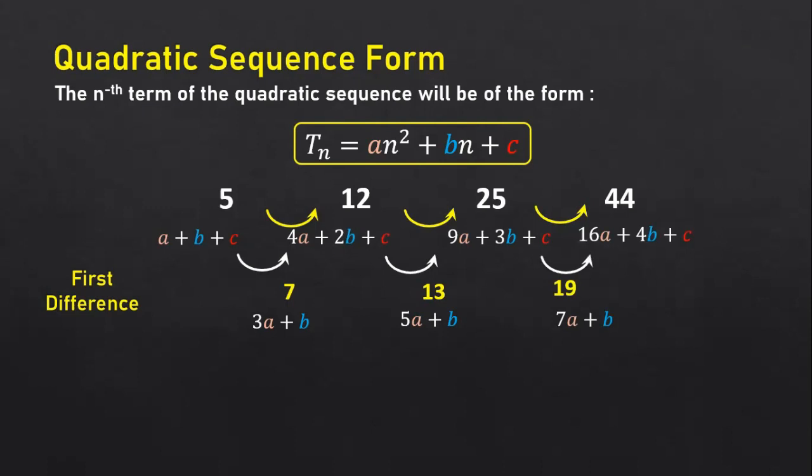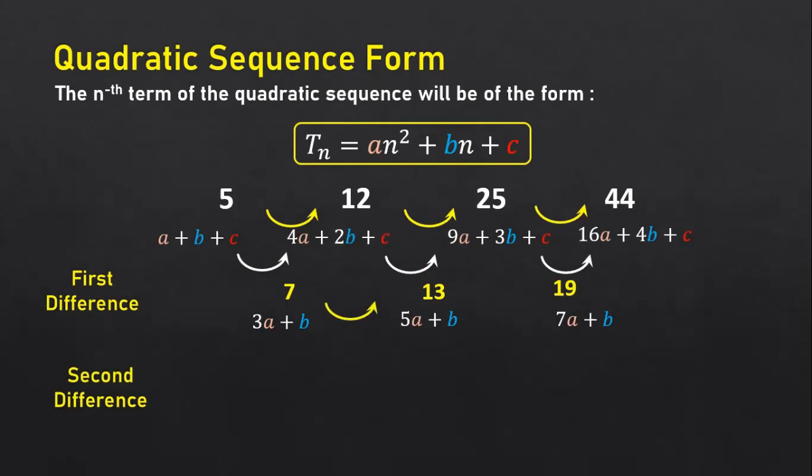Okay, students, now we go to the second difference, because this is the characteristic of the quadratic sequence form. The second difference means we find the difference from the first difference. Okay, students, 7 to 13.